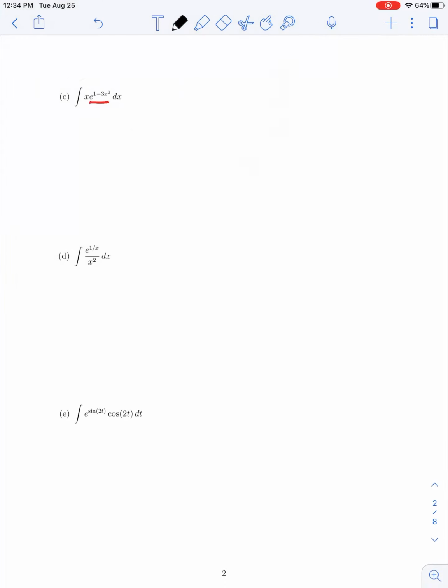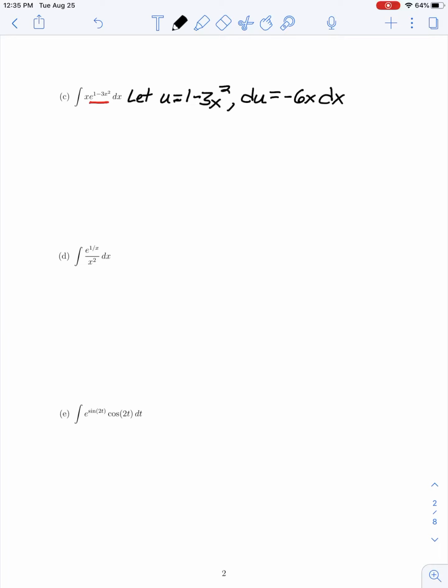Now, once I know I'm using a substitution, my first step is to choose u. So I'm going to choose u as the inside function in my composition, in this case, 1 minus 3x squared, which means that the differential of u is negative 6x times the differential of x.